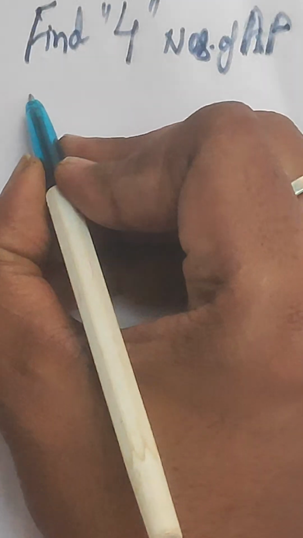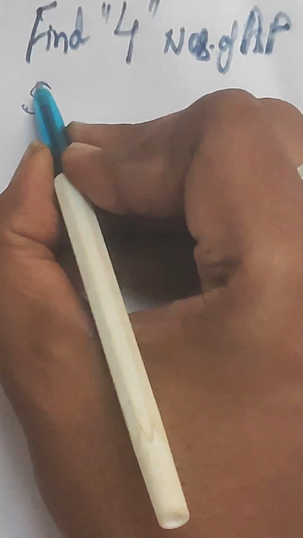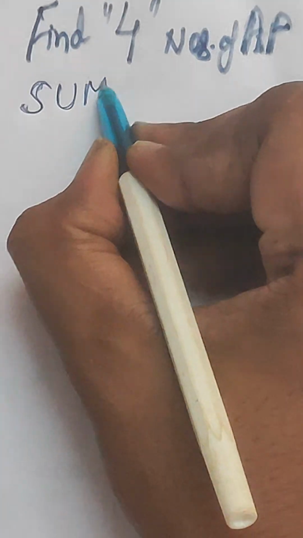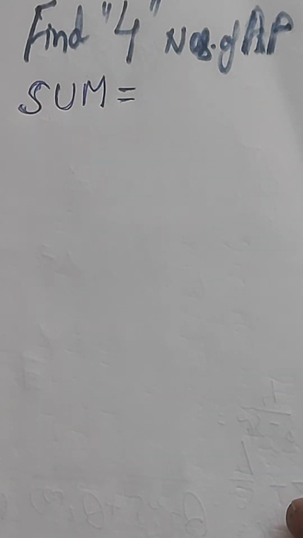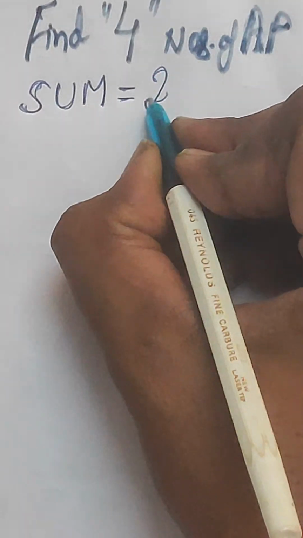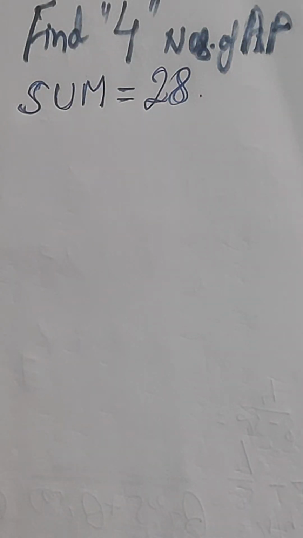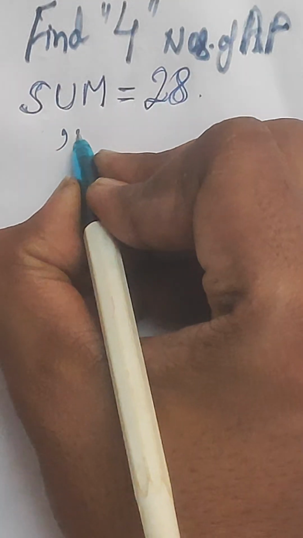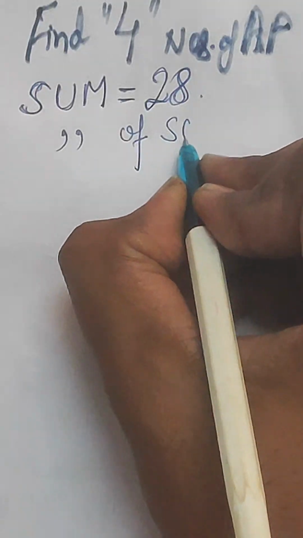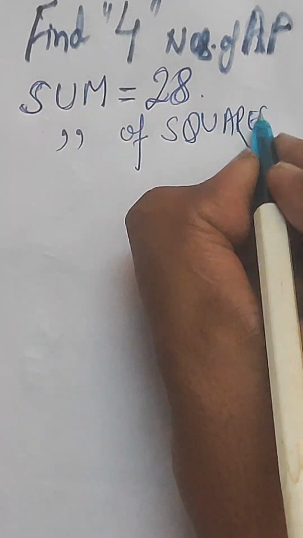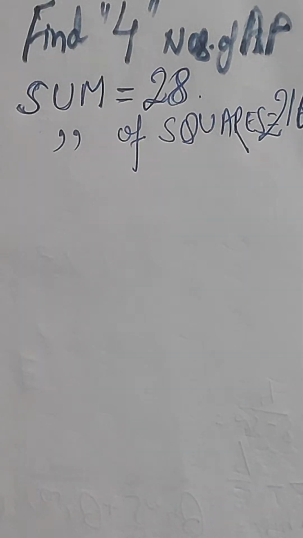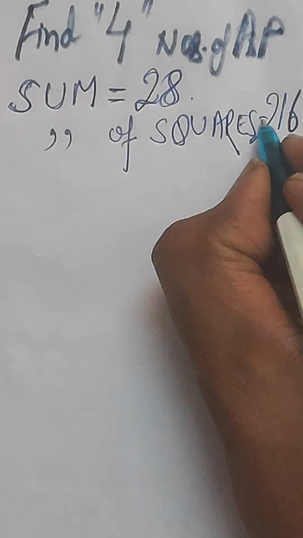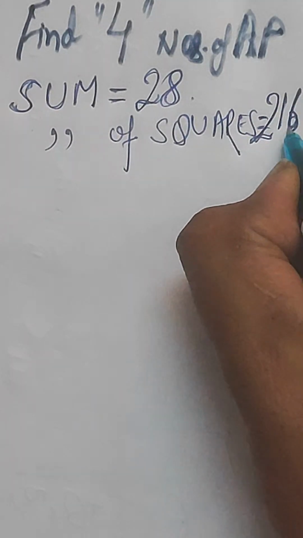So the condition given is that the sum of the four numbers of that AP is 28, and the sum of the squares is given to you as 216.